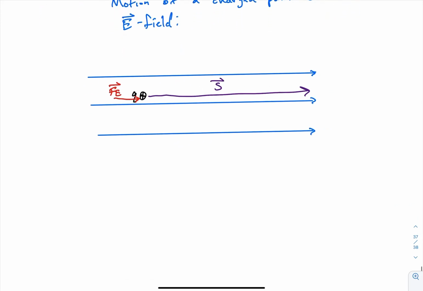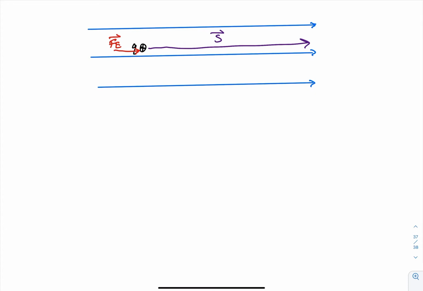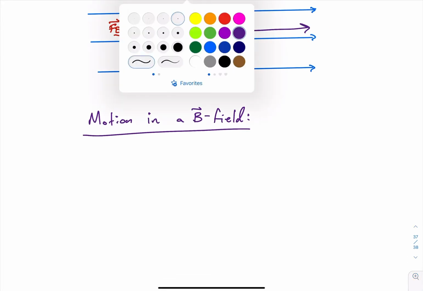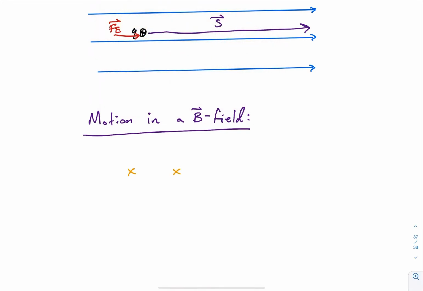The motion of a charged particle in a B field is a little bit more complicated, but not really. Maybe I should not say complicated, I should just say different. And so what I'm going to do here is draw this out. So we have some magnetic field going into our page or screen.